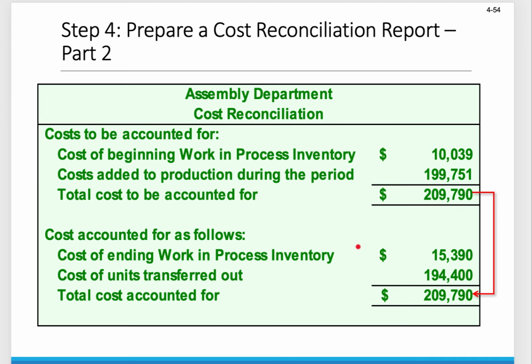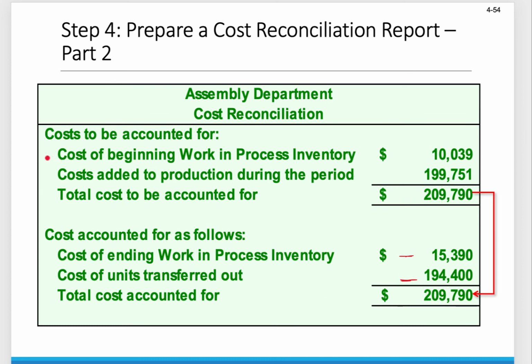So now we've got to compute the second cost that we need to account for: the cost of the ending WIP and the cost of the units that were transferred out. When we add those up, we get $209,790. The takeaway here is really simple.